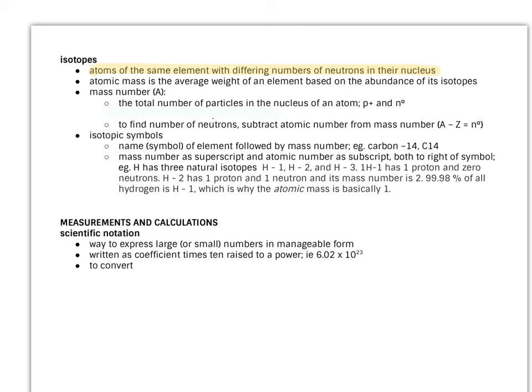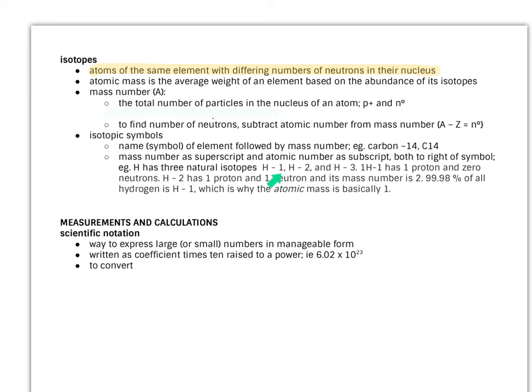Okay? So, let's go down here to the symbols. Whenever we write about isotopes, we'll write the name or the symbol of the element followed by the mass number. So how many particles there are in the nucleus right there. So, for example, hydrogen has 3 isotopes.